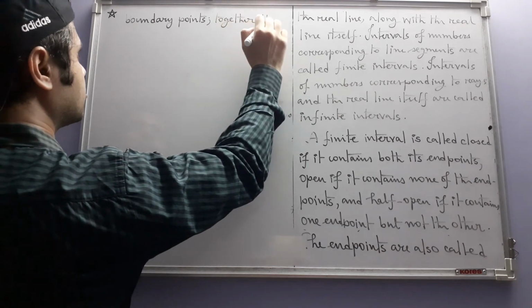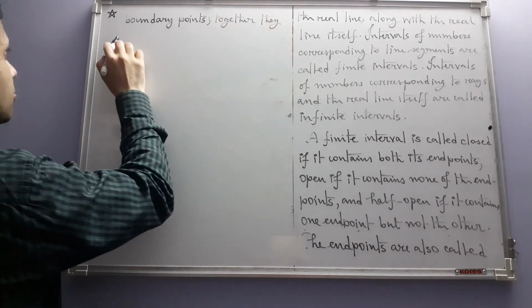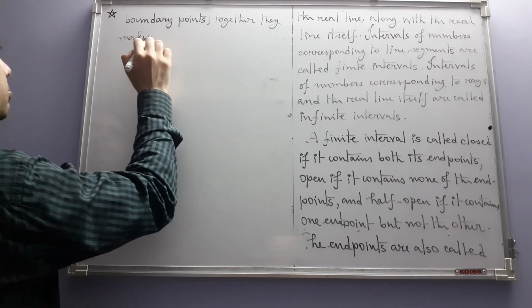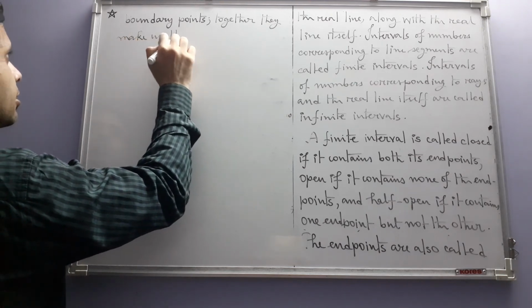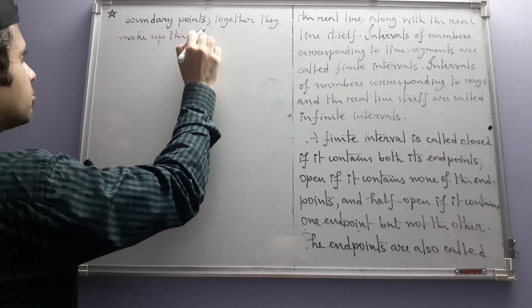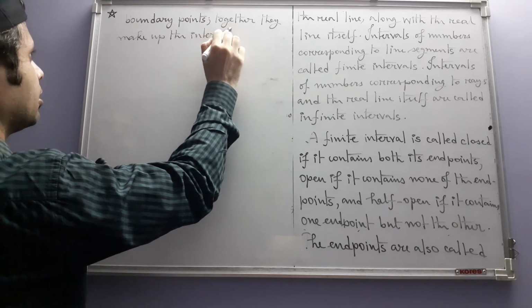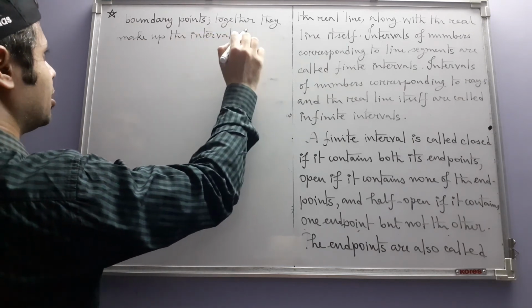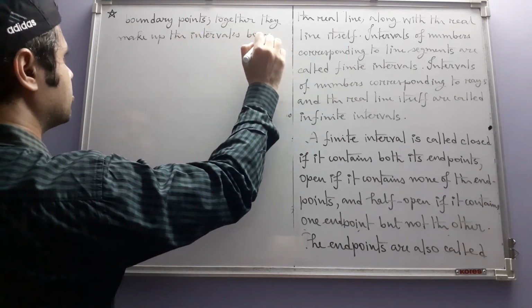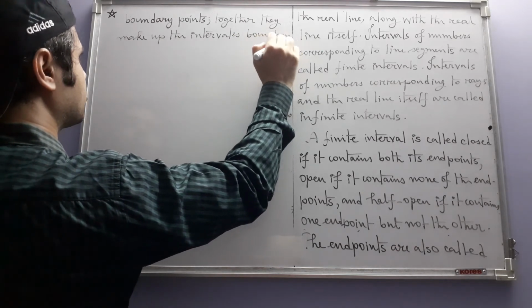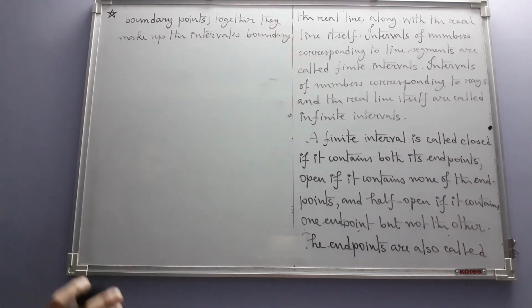Together, they make up the interval's boundary. The 2 points together, if you consider them together as a set, then that set is known as the interval's boundary.